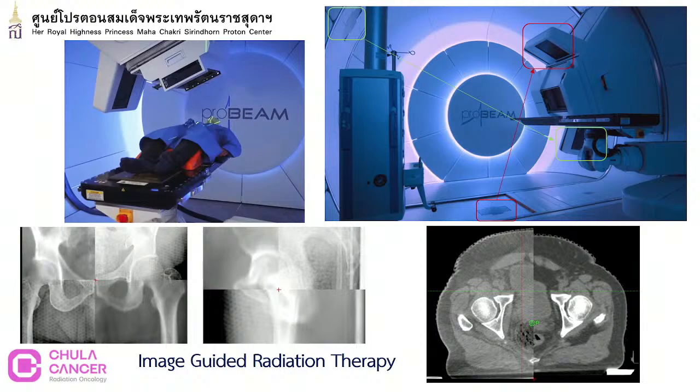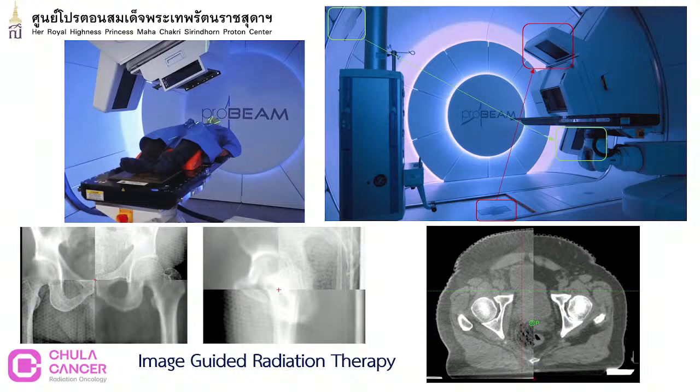We do the CT scan, we do the MRI to make sure, and the positioning is the key for the treatment as well, because if an air gap happens or the position changes, it may affect the beam that goes to the patient. And for the treatment each day, we need to do image guided verification.